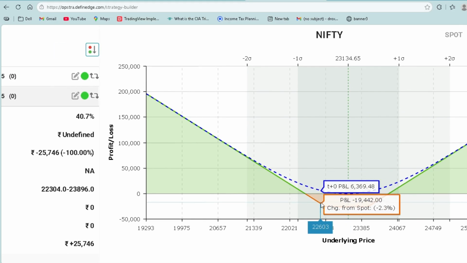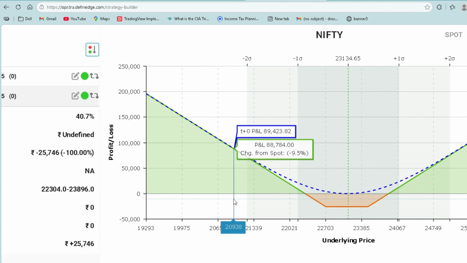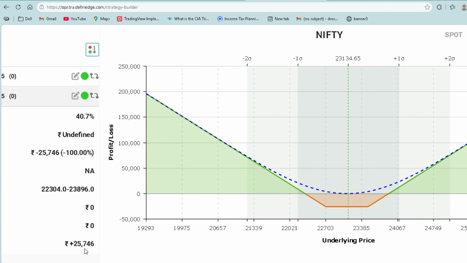So how much will a trader lose? A trader will lose 25,746. That is the premium he paid.